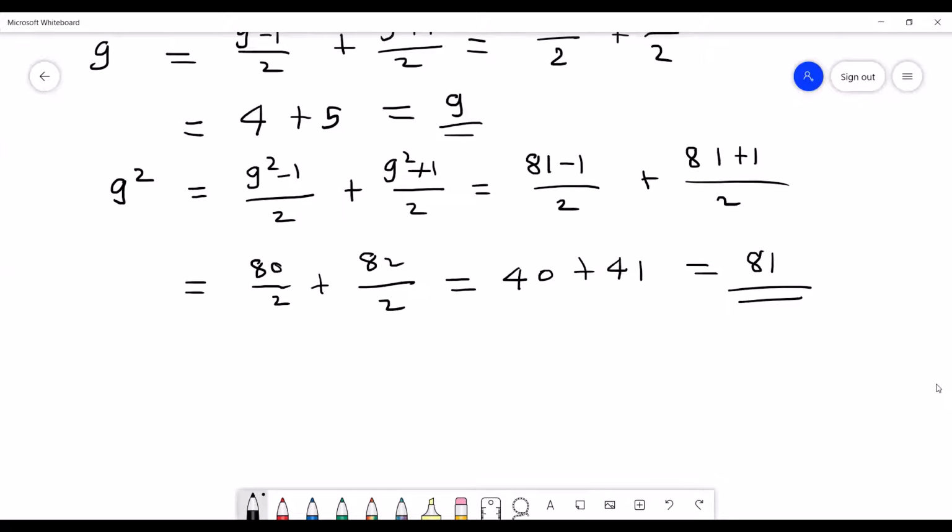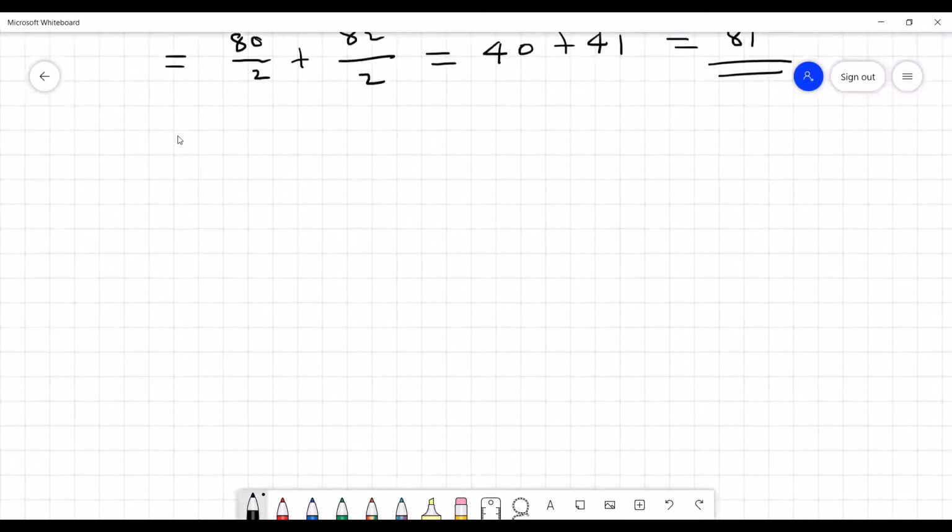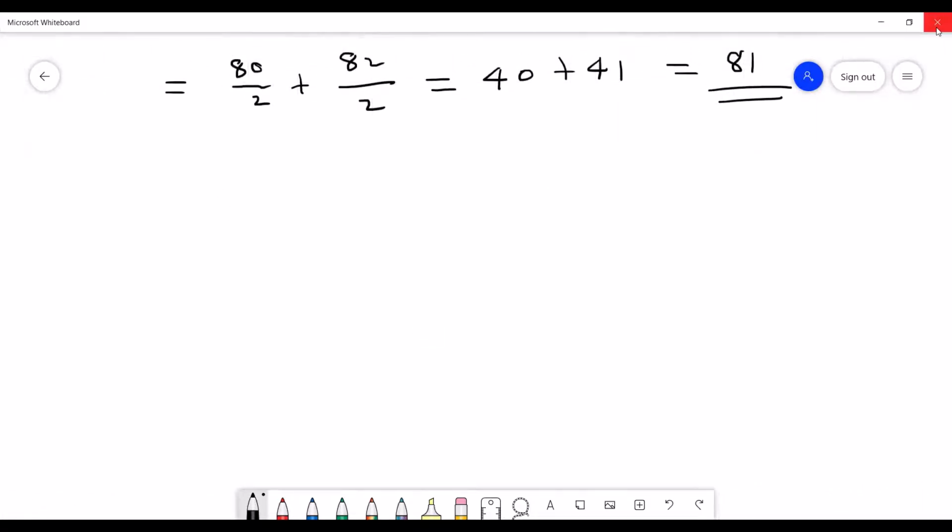Now let us find another property, the product property. Otherwise, we can say the application of squares. Squares can be applied to find the product of two consecutive even or odd numbers. Two consecutive even or odd numbers we can find with the application of squares.